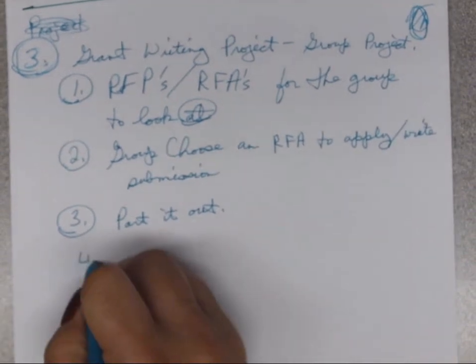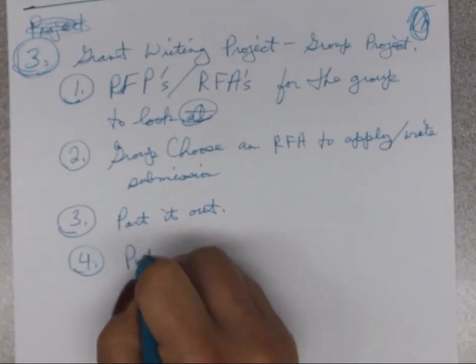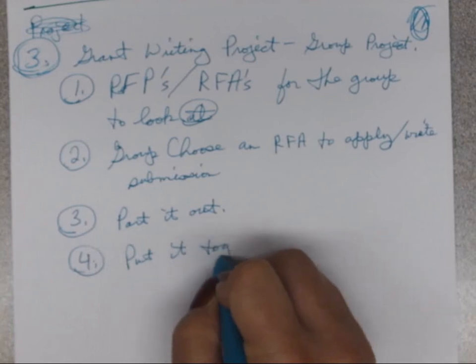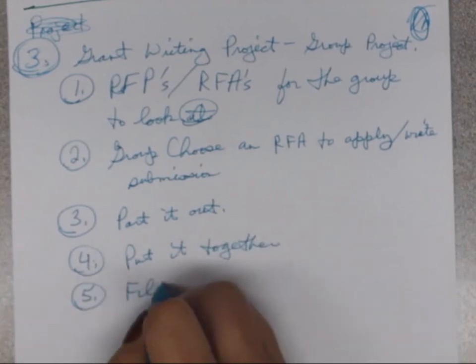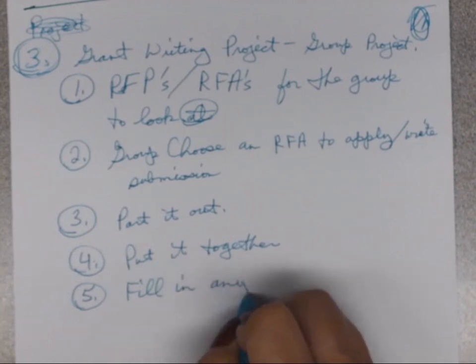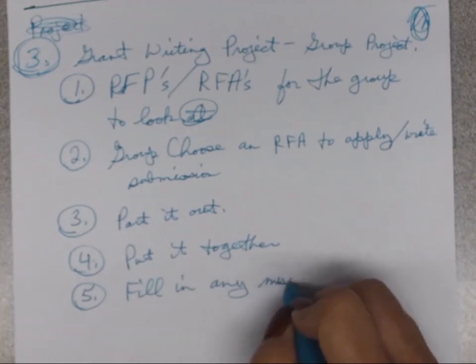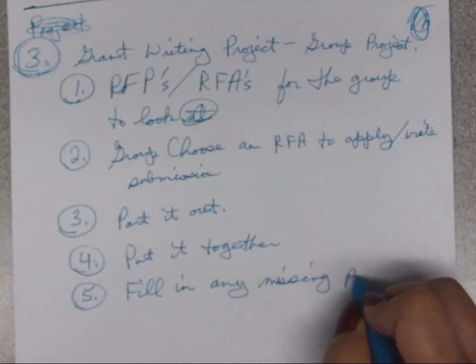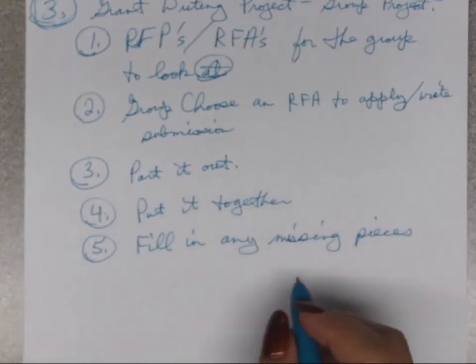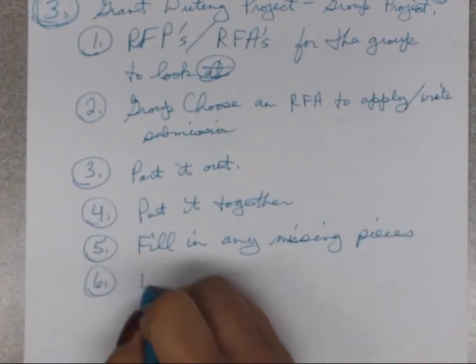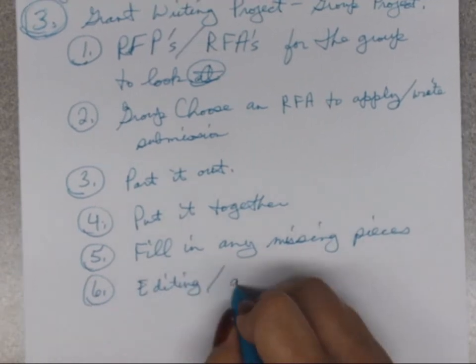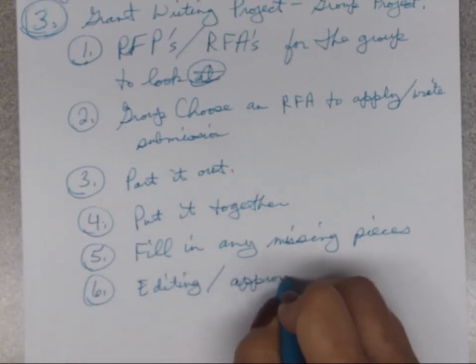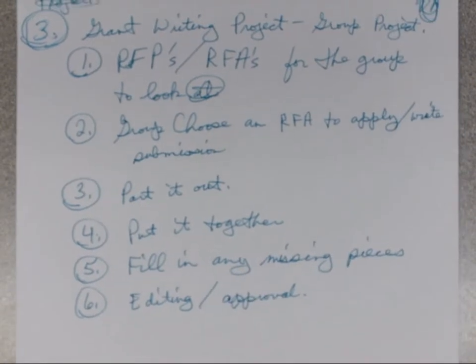The next step is we'll put it all together. The next step is to fill in any missing pieces. And the last step is editing and go for approval. Okay, so we're going to do all of this in the next 5 weeks.